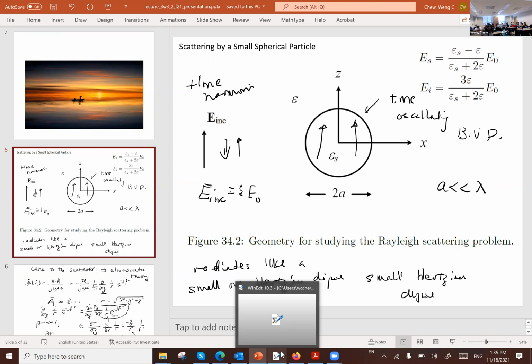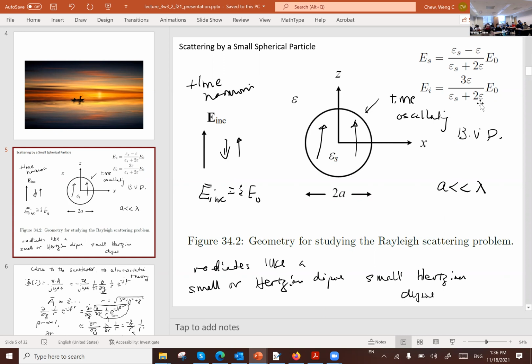That incident field induces a dipole, and the dipole moments are given by the equation at the top right. The first one is the field outside the object, and the other one is the field inside the object. The difference here is that the incident field is harmonic, so the induced small dipole is also harmonic, even though it looks like an electrostatic field.